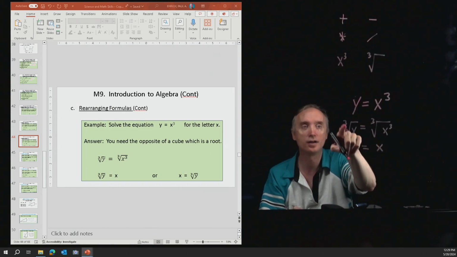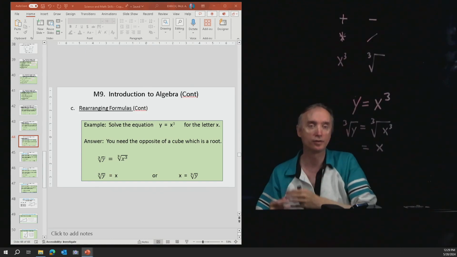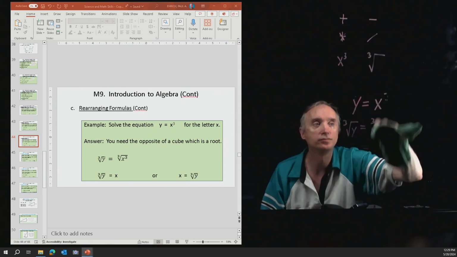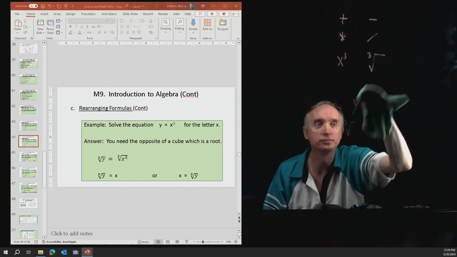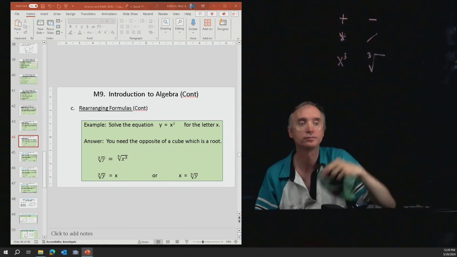And then on this side, you got the cubic root of y. And then rearrange it so the y, or the x, is on this side over here. So x is equal to the cubic root of y. So again, not too difficult. This is stuff that I think that you ought to be able to do in my class.